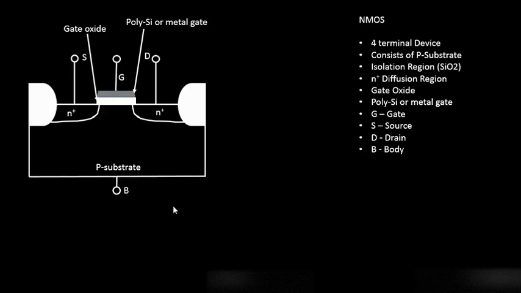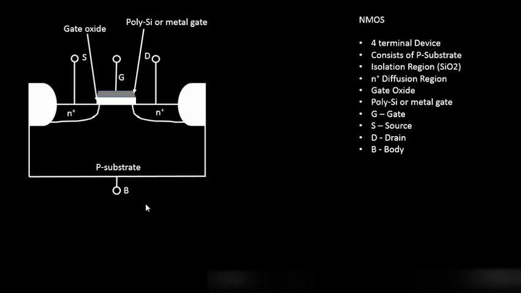So usually while describing a symbol of an NMOS transistor, we don't denote this particular body terminal, because it's just not doing anything. It's grounded. But this is a very important terminal to understand the threshold voltage characteristics of this device, and I'll very soon come to that point where we understand the importance of this particular terminal.